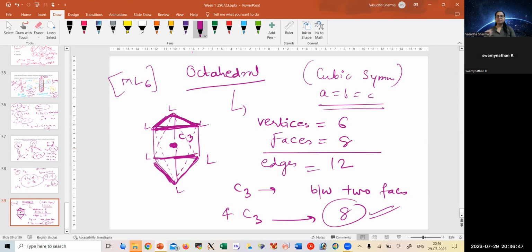Maybe I can take up the tetrahedral and octahedral symmetry separately, since it is also very important. I might explain in more detail how to analyze and how to see the vertices, and how the triangular faces are passing. If you want me to explain it more, just let me know. I can take half an hour for the tetrahedral and octahedral particularly, because they involve a higher number of symmetry elements, and because of the higher symmetry it is very difficult to define each and every element at any point.